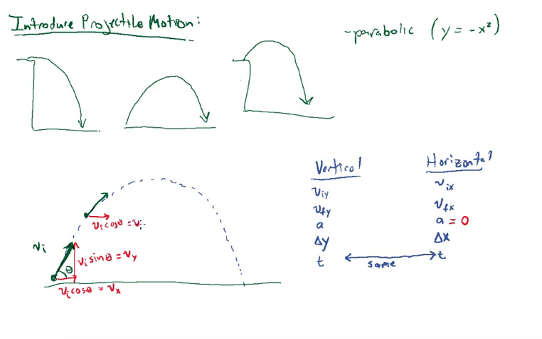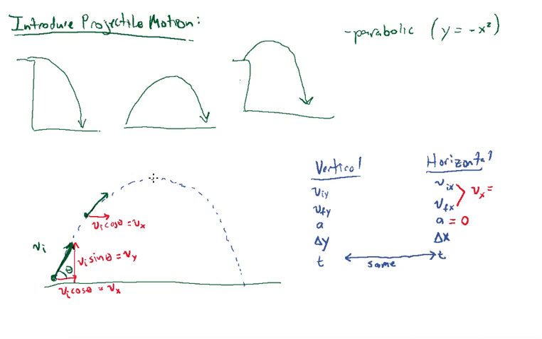So it just stays that Vx. It doesn't change. So Vix, this initial velocity in x, is going to be equal to the velocity in x in every single position, which means Vix equals Vfx. There's no acceleration, and we can just call this Vx, whatever it happens to equal.